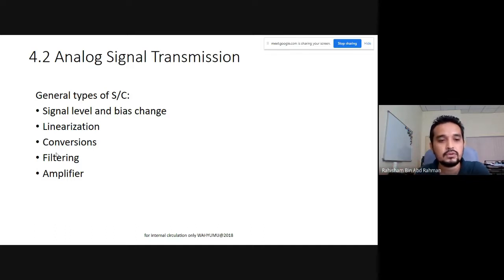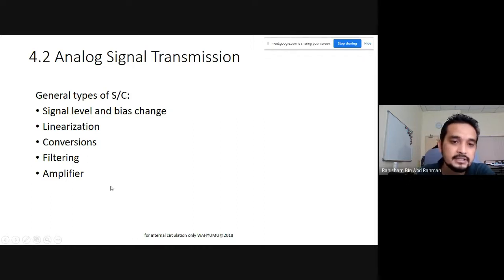So that's why we need to convert. Sometimes filtering is required, and sometimes the signal will be amplified. These are some of the most common signal conditioning in instrumentation and process control: level, bias, change, linearization, conversion, filter, and amplifier.